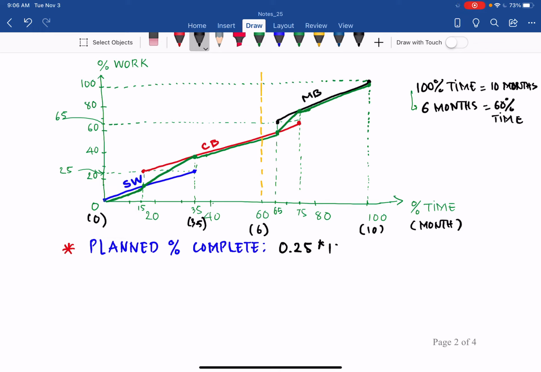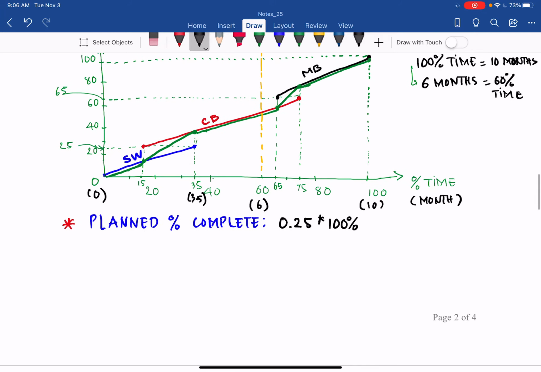In this case 100%, because it is planned to finish in the first 3.5 months. Now we are at 6 months, so it should be completed based on our plan. So this is the site work.